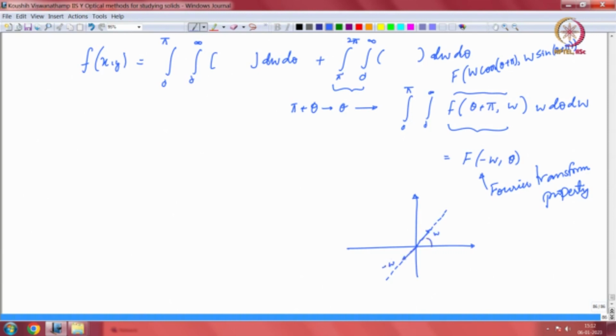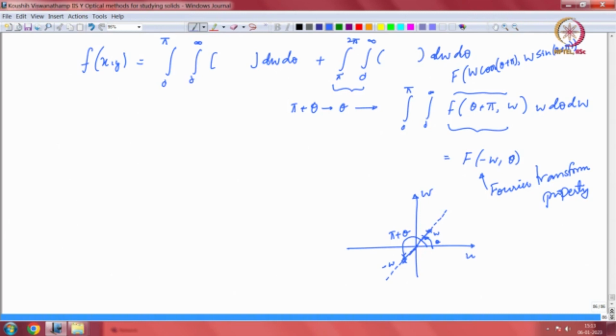Then w at theta and w at pi plus theta can be related. F at this point is the same as F of minus w at theta. Okay, that is what this says. This is u, this is v.